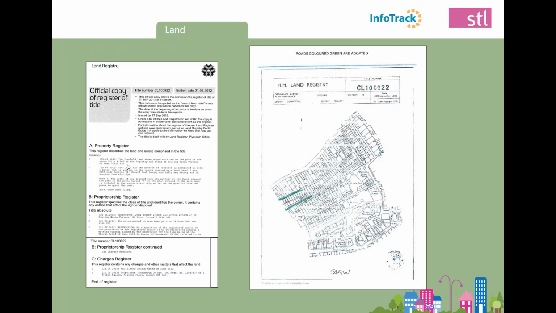It also confirms who owns the property, so you can see the names of the owners there. And this particular property, down at the bottom, has a mortgage via Santander. So that's the information held on the official copy, and it will also come with a title plan or a file plan that outlines the boundary of that property.